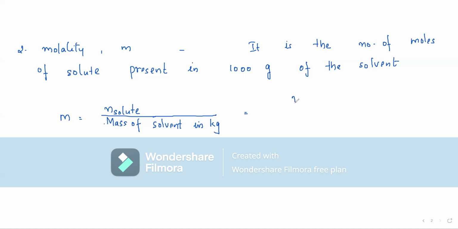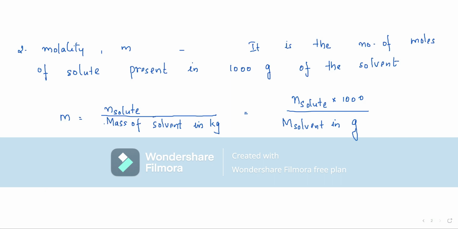Now, same thing can also be written as N of solute into 1000 by mass of solvent in grams. So gram is converted into kilogram. Gram by 1000 is kilogram, but I have taken 1000 to the numerator.